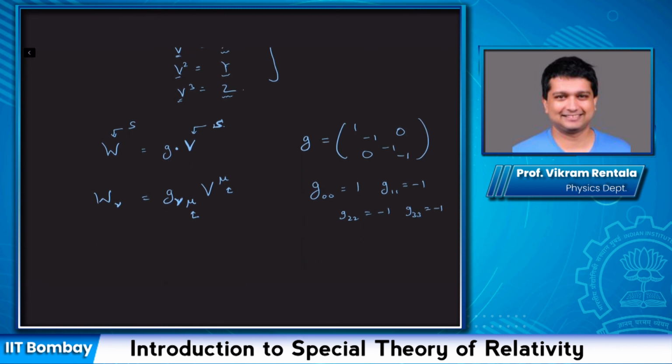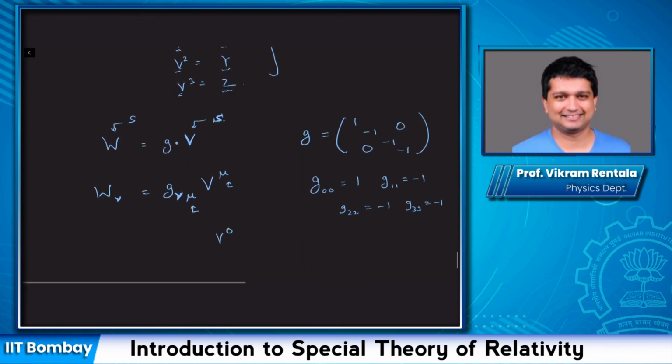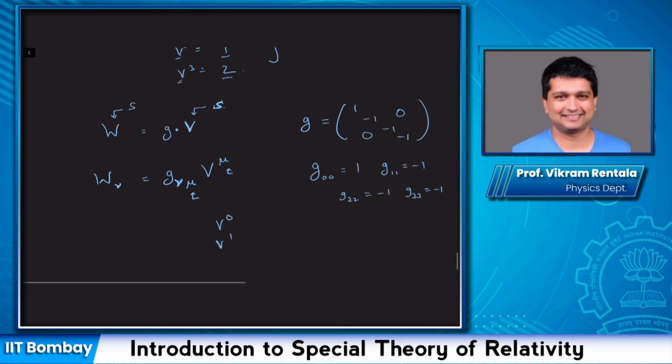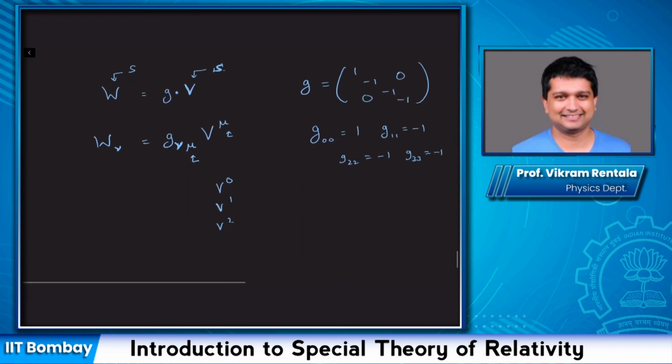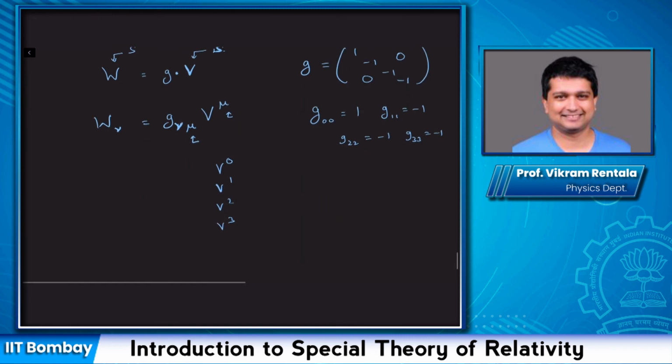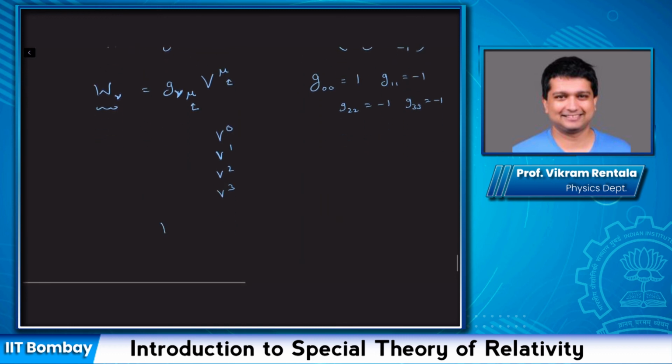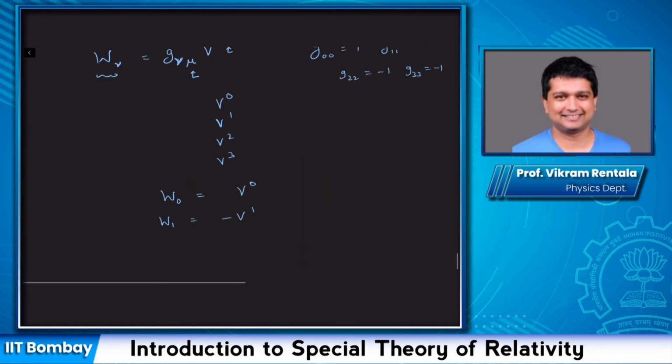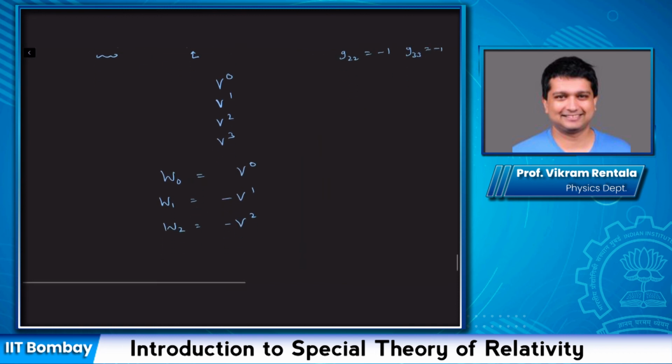So what this is going to do is, supposing I have V0, V1, V2, V3, the components of W for each value of nu would be: W0 would be V0, W1 would be minus V1, W2 would be minus V2, and W3 would be minus V3.